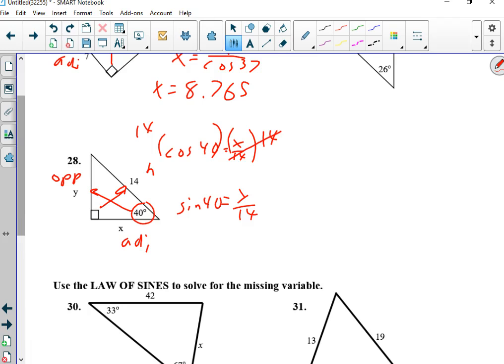So when I type in 14 times cosine of 40, I get x is equal to 10.725. And over for y, when I multiply by 14, and I type in 14 times the sine of 40, I end up with 8.999.